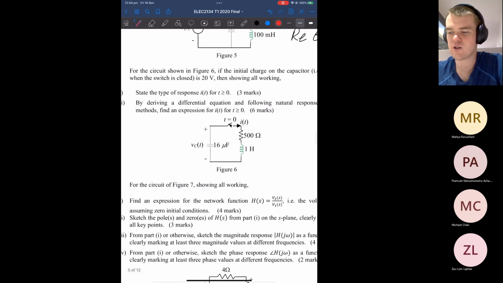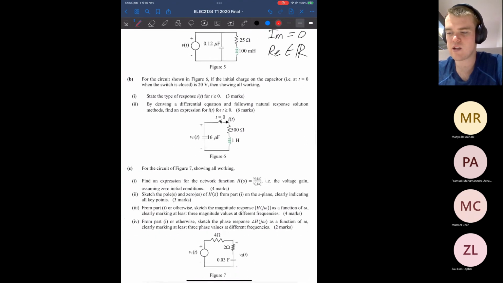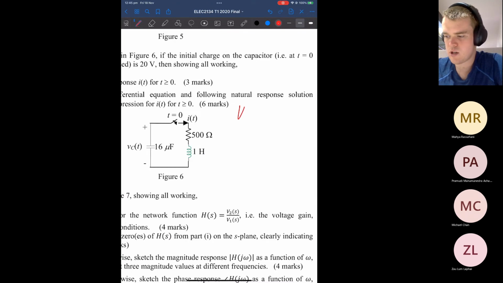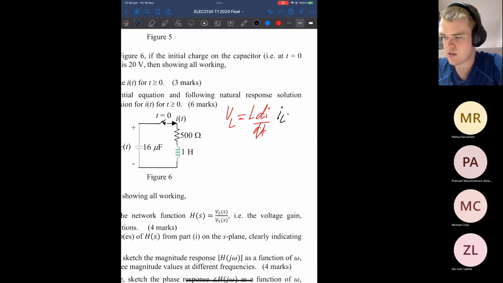And then this is by deriving a differential equation and following natural response solution methods, find an expression for i(t). Honestly, you could state the type of response based on that, but you can sort of do it and use it to prove it. Voltage across an inductor is equal to L di/dt, and the current through a capacitor is equal to C dV/dt.